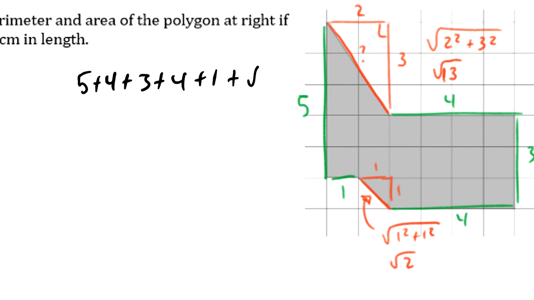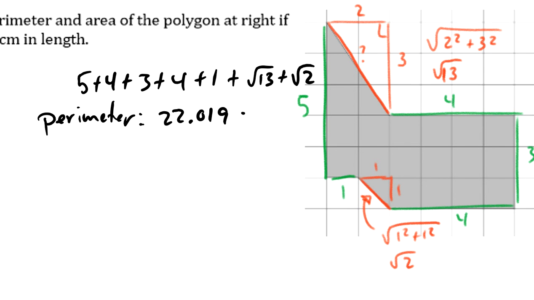And then I also have a root 13, and I also have a root 2. So I believe when I punch those in, I get that the perimeter, and I'll round this to the nearest tenth, is about 22.019 centimeters.